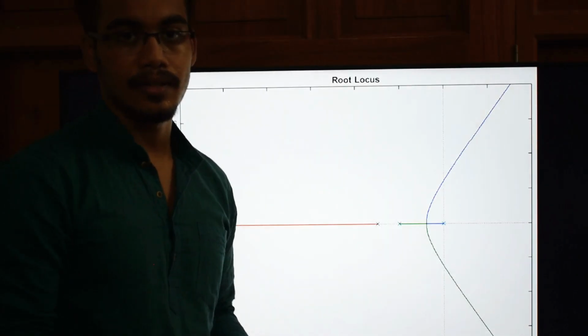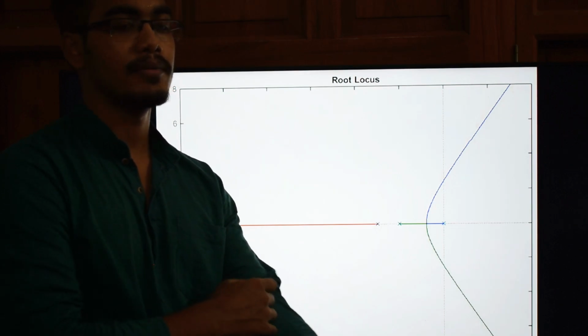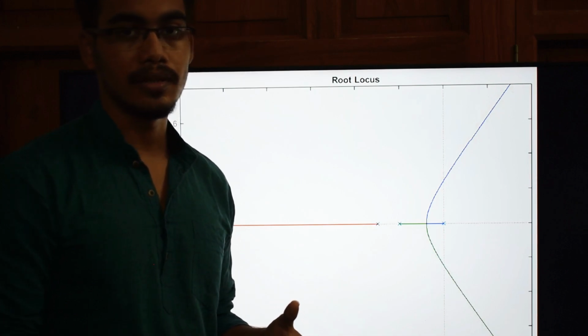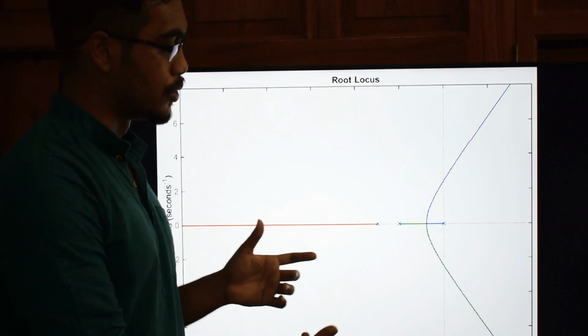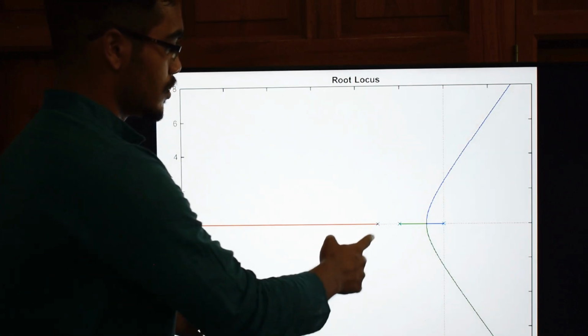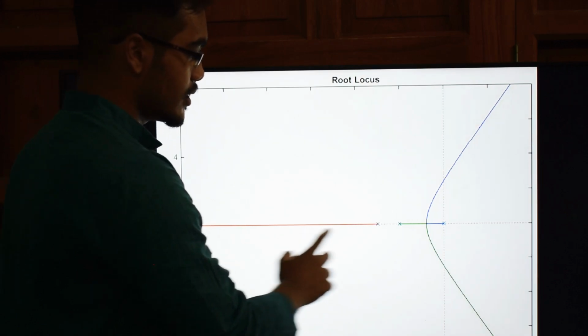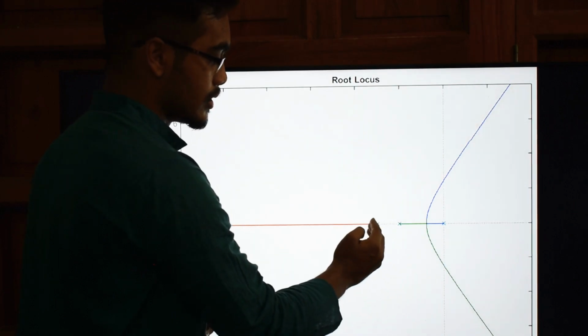As I have said, we can plot the root locus diagram in MATLAB. We just have to type the numerical values of the poles, and then MATLAB directly shows the root locus diagram on the screen. From this pole, the root locus is emerging towards infinity. Here there is no root locus, as there is an odd number of poles on the right side.